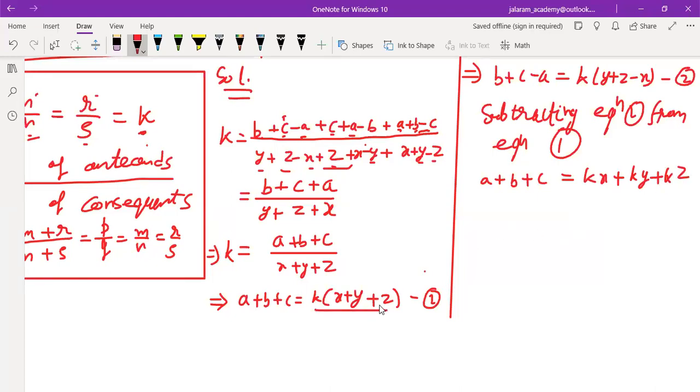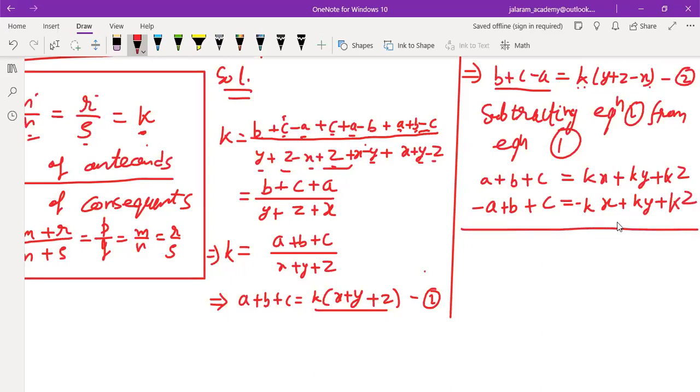We have multiplied this k to all the three terms. Similarly, in this, if we write them in order, b plus c and minus a, minus a plus b plus c equals, opening the bracket, k into minus x is minus kx plus k into y is ky plus kz.